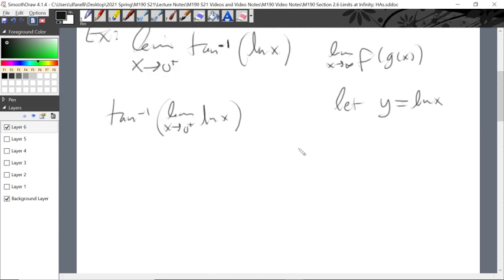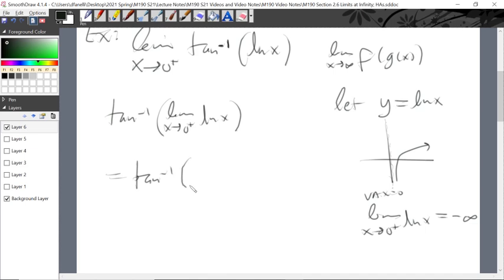And what is this limit? Recalling that the natural log function, again, looks like this. Its graph approaches a vertical asymptote, x equals 0. So the limit as x goes to 0 from above of the natural log of x is equal to negative infinity. Okay, but we can't write this as the arctangent of negative infinity.